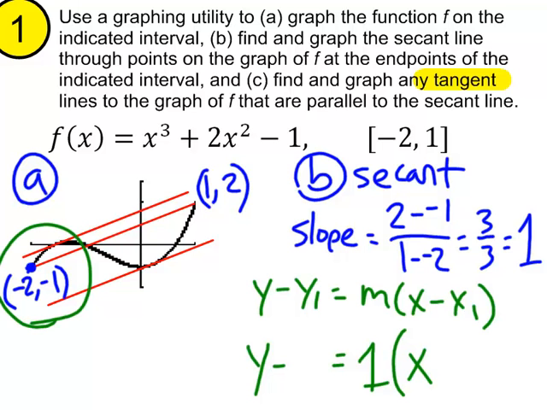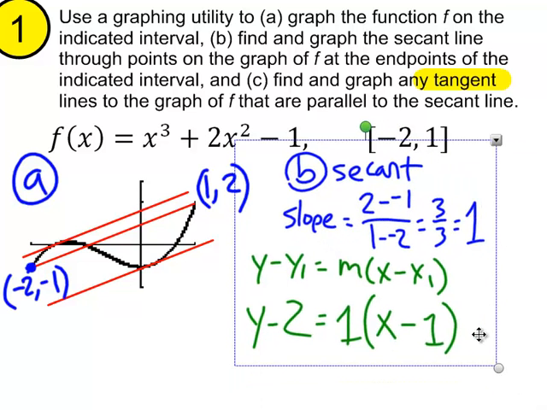I could use either this one or this one, and it would give us exactly the same result. And if you're not convinced of that, I certainly invite you to pause and try it out for yourself. Most students tend to want to use the one that doesn't have the negative sign, so let's go ahead and use that. x minus, that's our x1. And then on the left side, y minus y1, we'll use that y value.